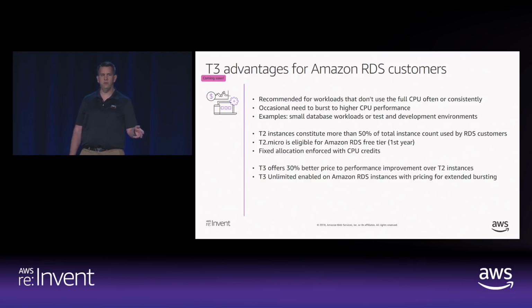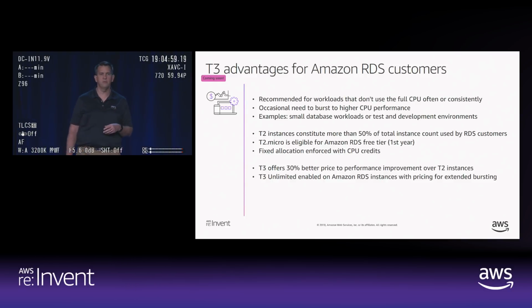And with T2s, we offer the sort of classic mode, not unlimited. With T3s, we will be offering unlimited in Amazon RDS, so you do have the ability to go above your balance, your CPU balance, and then pay a little bit extra if you're using over your baseline.